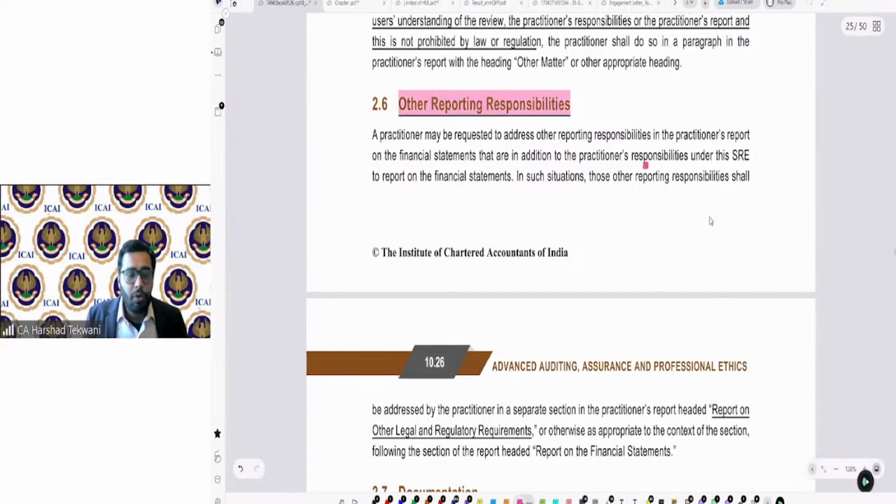It is similar to the other legal and regulatory requirements we have in the audit report, because these are certain requirements prescribed by law or regulation in an audit. Similarly, if a particular requirement has been established by law or regulation in the case of a limited review, the practitioner has to specify that matter under a separate head, that is, report on other legal and regulatory requirements.